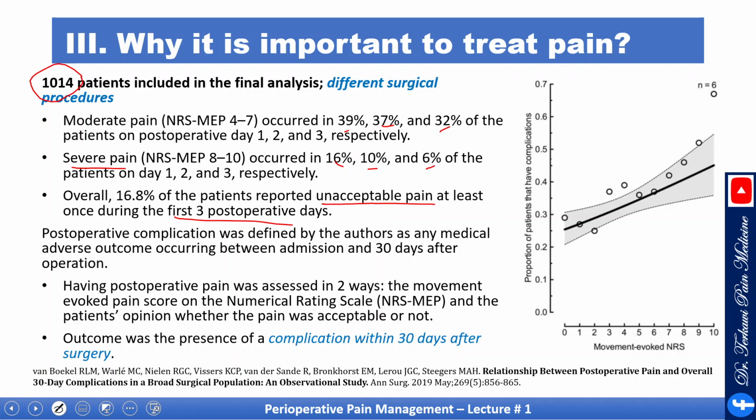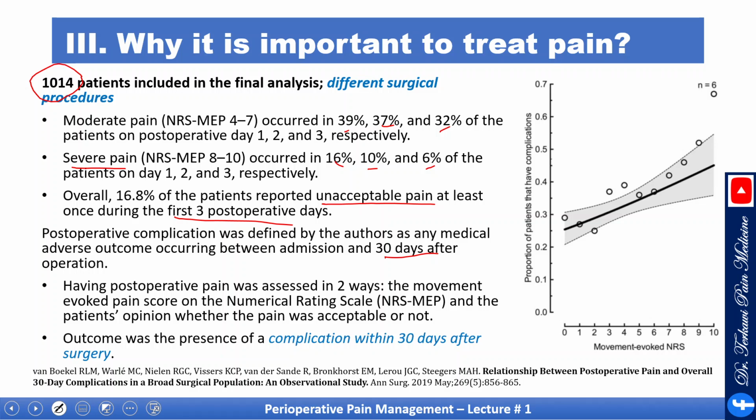Now, postoperative complication was defined by the authors as any medical adverse outcome that occurred between admission and 30 days after operation. Postoperative pain was assessed in 2 ways: the movement-evoked pain score and the patient's opinion on whether they had acceptable or not acceptable pain.